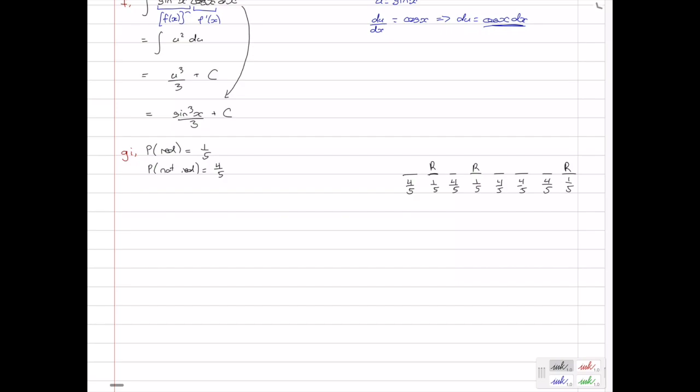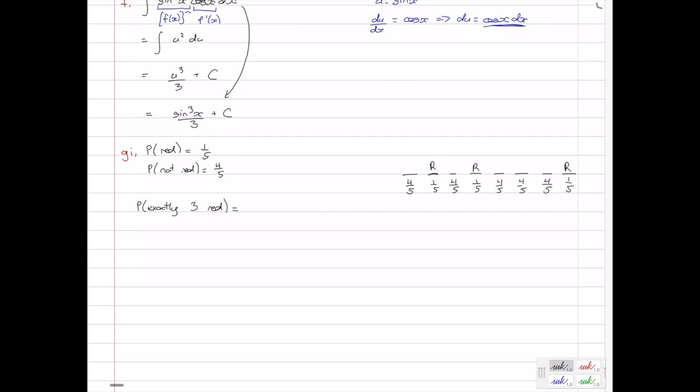Now, how many ways can I rearrange these R's out of these 8 possible positions? Well, I'm choosing 3 out of 8, so that's going to be 8C3. So, therefore, my probability of having exactly 3 red is given by the following.